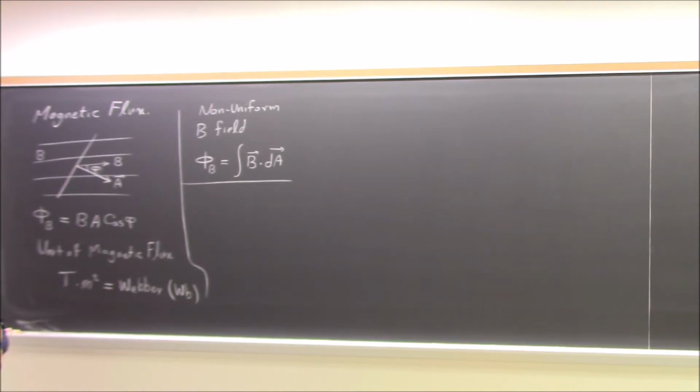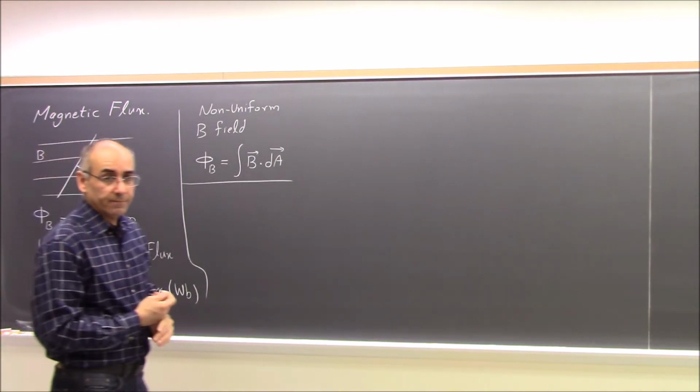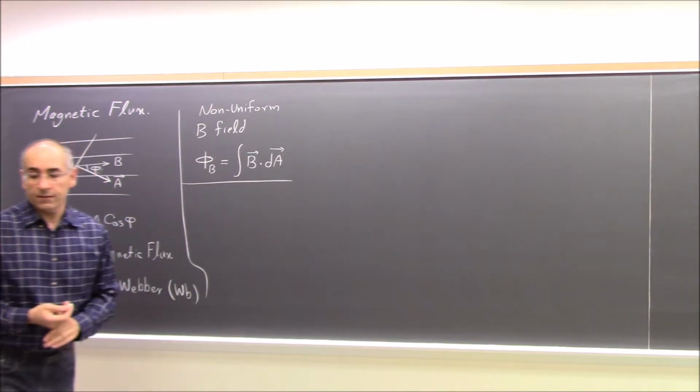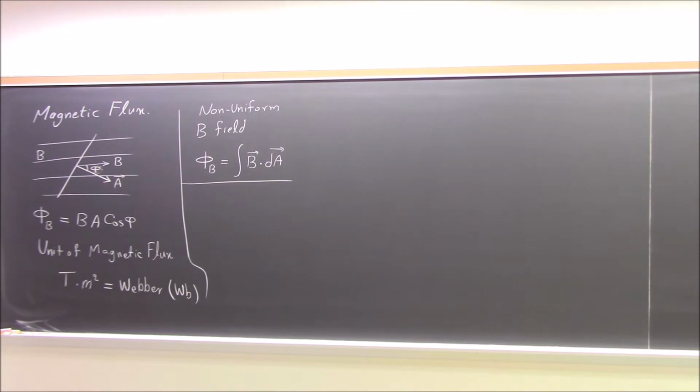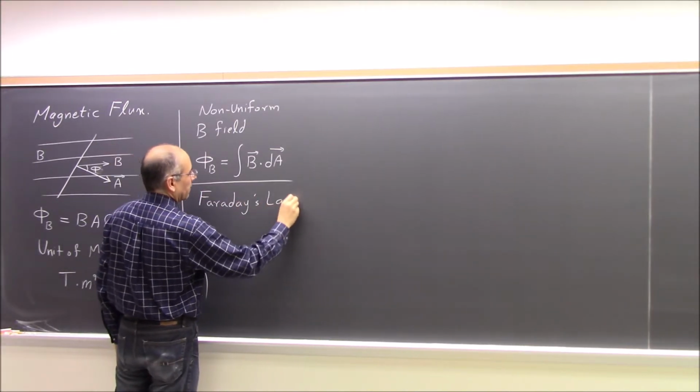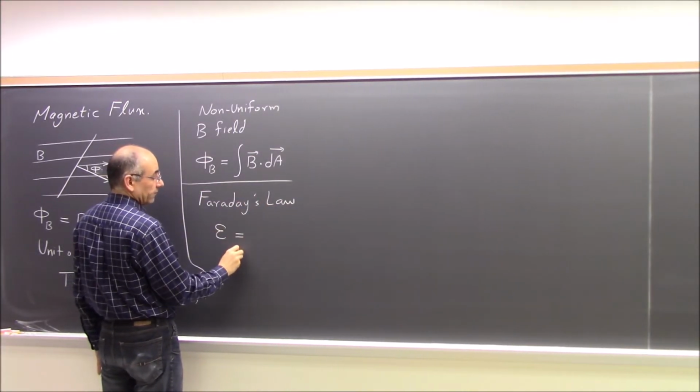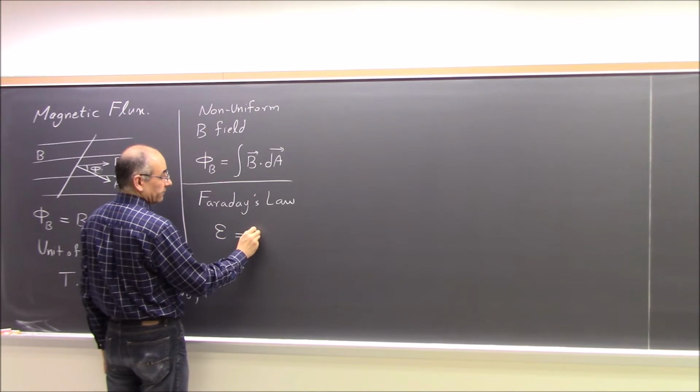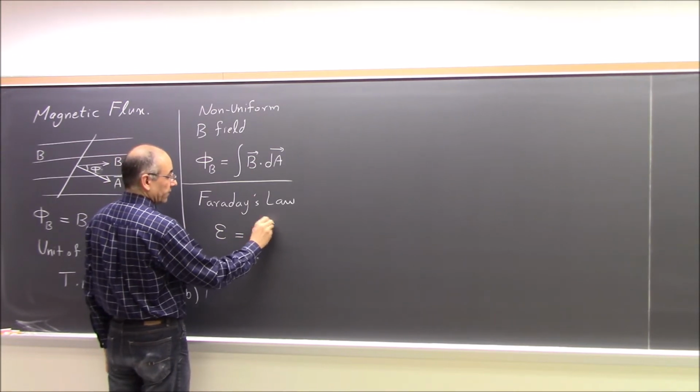This is magnetic flux. And Faraday's law says that the EMF, electromotive force, created in a loop is equal to the change of flux. Faraday's law. EMF is equal to the rate of change of flux.